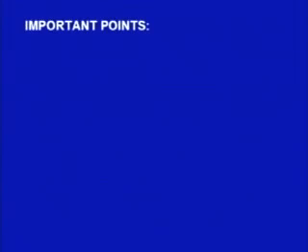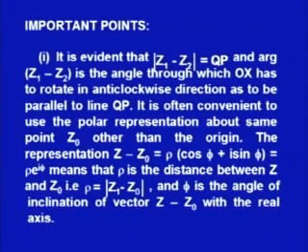Here there are important points: the modulus of z1 minus z2 is QP, and the argument of z1 minus z2 is the angle through which OX has to rotate in the anticlockwise direction so as to be parallel to line QP.